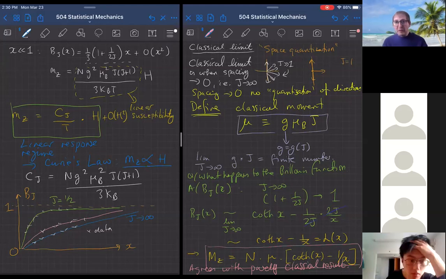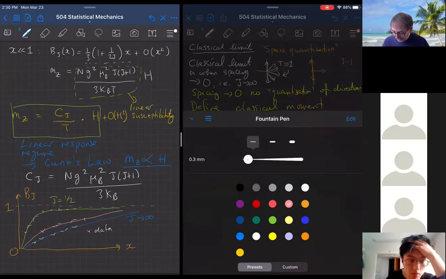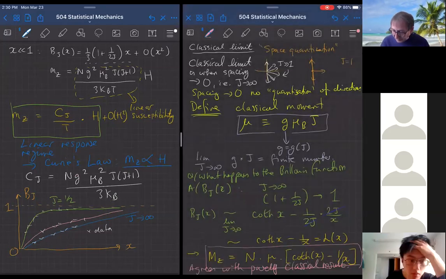So if you look at the picture over here, I'm just drawing. If I have spin a half, then my spin can either point up or down like that. So the component in the z direction is +1 or -1.